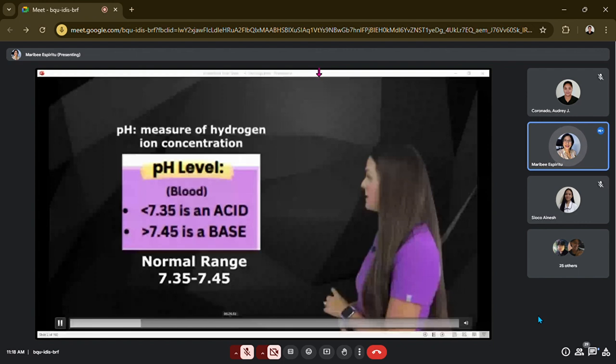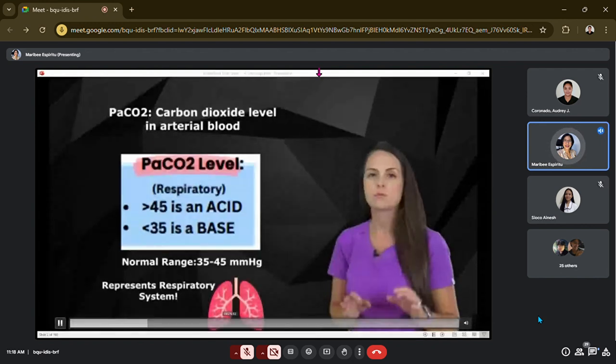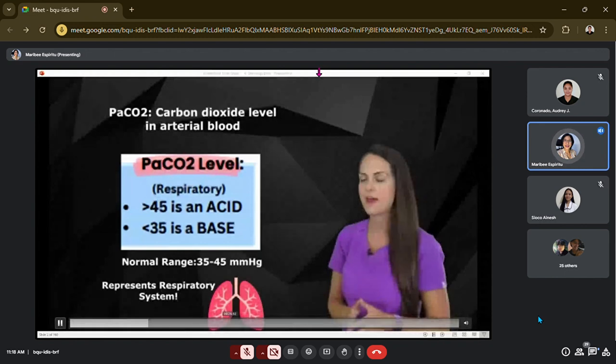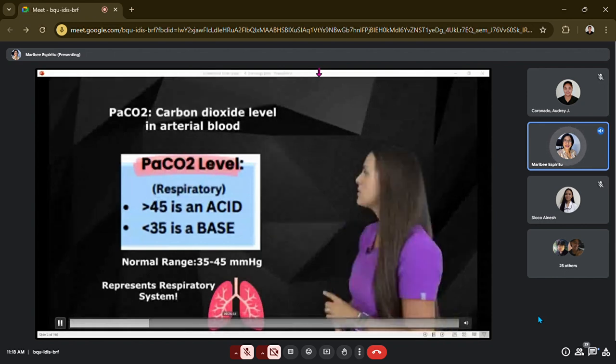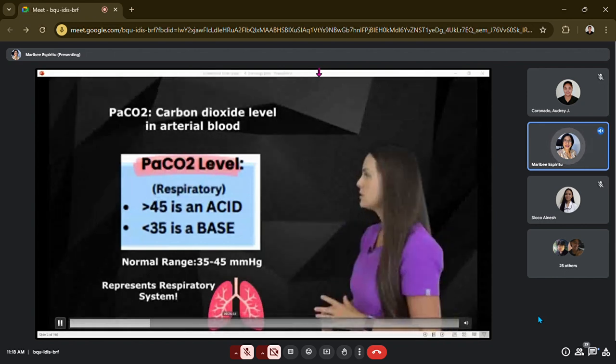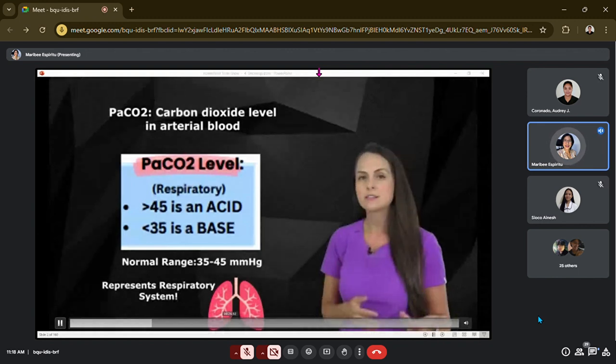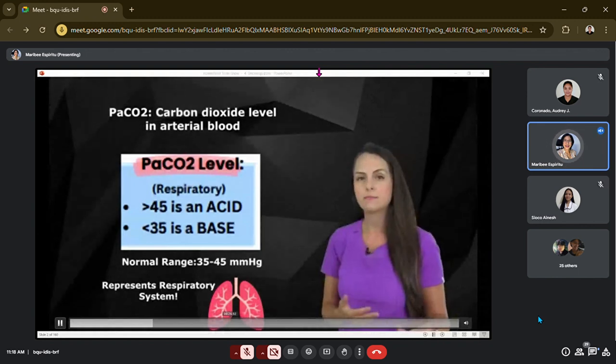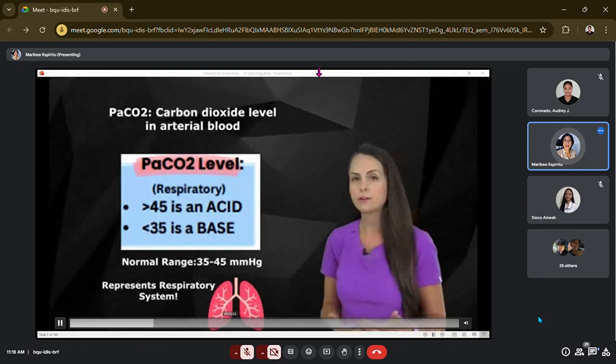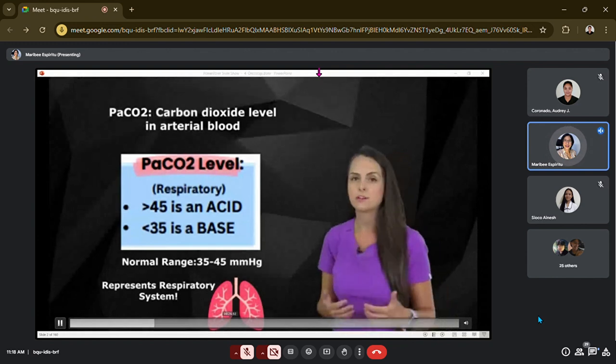The next, you want to look at the PaCO2. This is the carbon dioxide level concentration in the arterial blood. Whenever we're talking about PaCO2, that always represents the respiratory system. So remember that. A normal level is about 35 to 45 millimeters of mercury. So anything less than 35 is considered alkalotic, basic, and anything greater than 45 is considered acidotic, an acid.